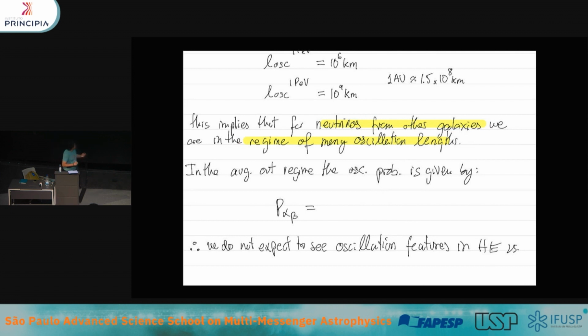The transition probability from alpha to beta is given by the sum over the mass states i of |U_alpha i|^2 times |U_beta i|^2. So it only depends on the matrix elements that dictate the neutrino oscillations. There is no explicit L or E dependence.